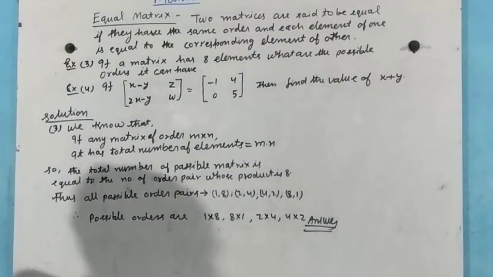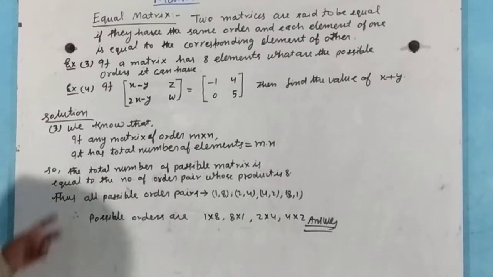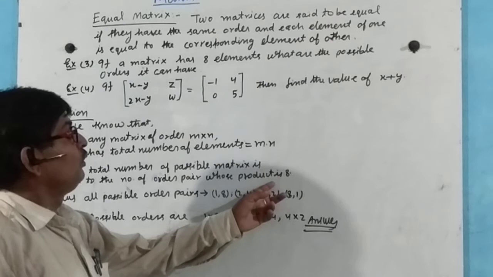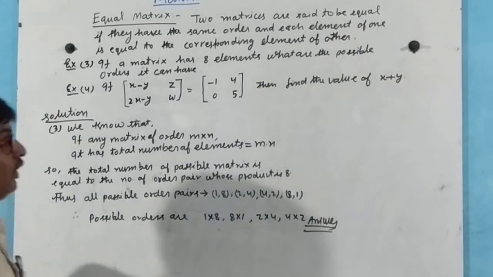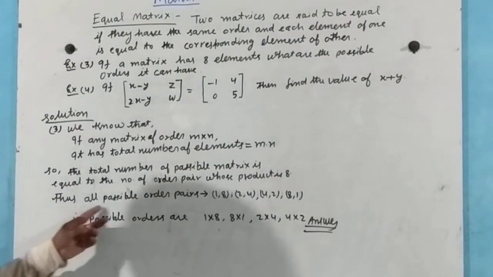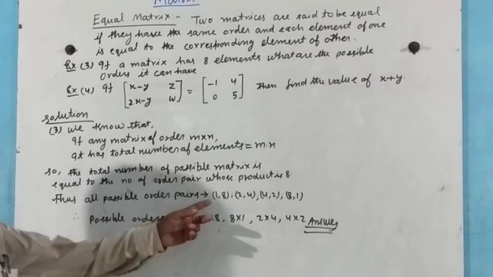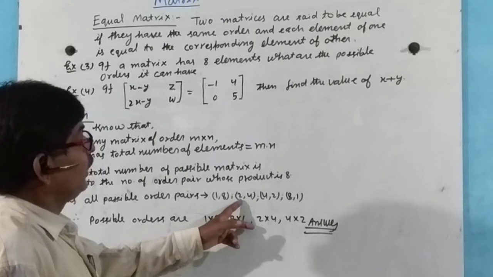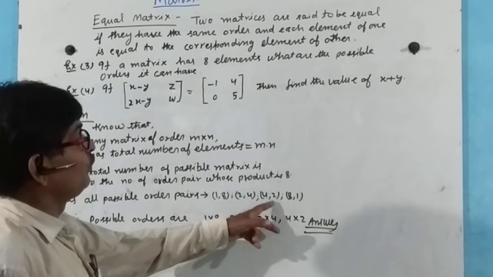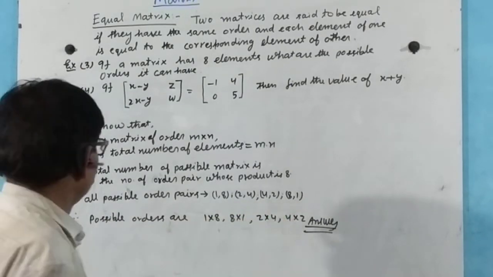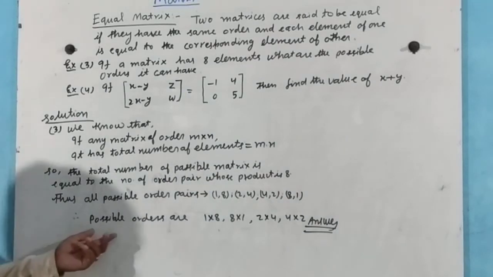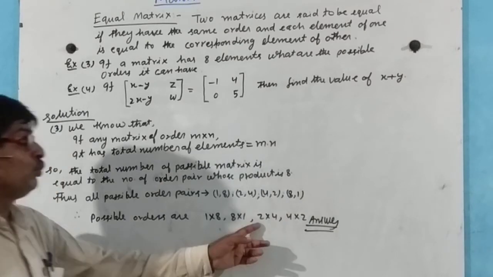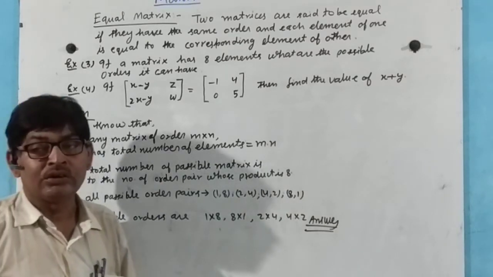So the total number of possible matrices is equal to the number of ordered pairs whose product is 8. So all possible ordered pairs are 1 into 8, 2 into 4, 4 into 2 and 8 into 1. So the required possible orders will be 1 cross 8, 8 cross 1, 2 cross 4 and 4 cross 2.